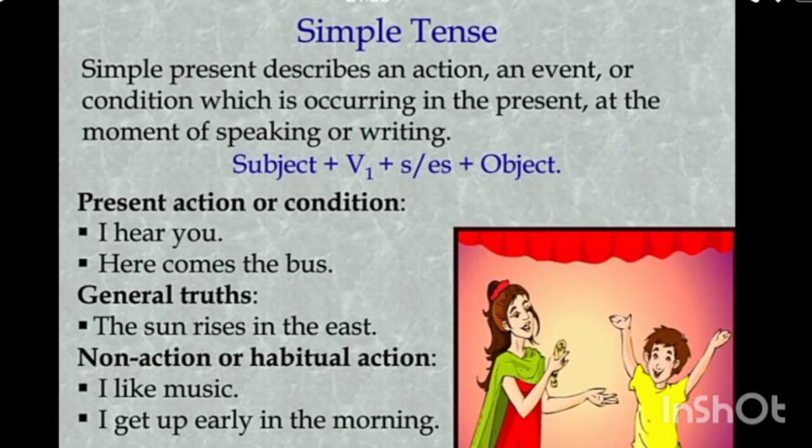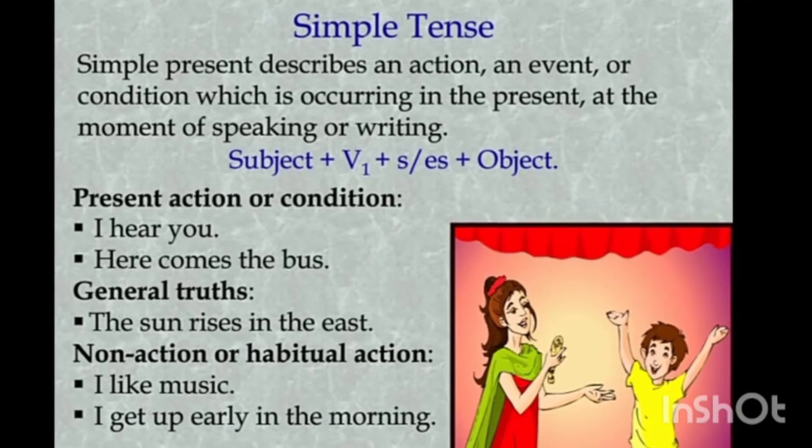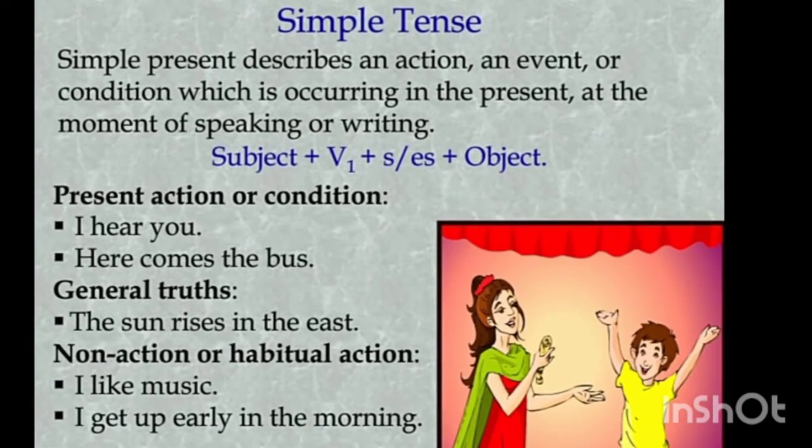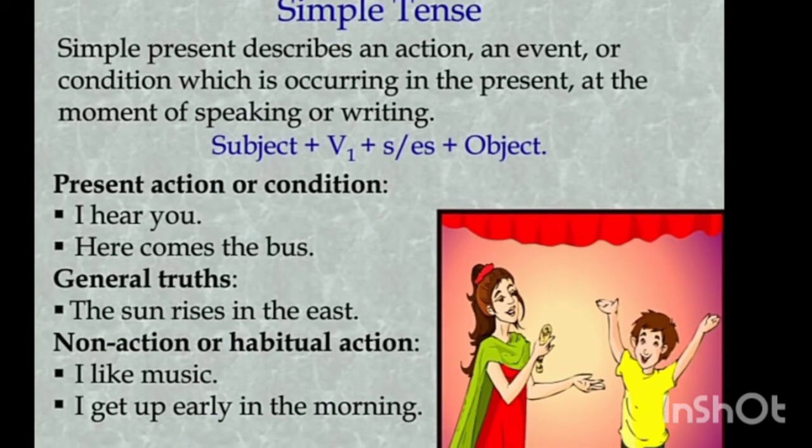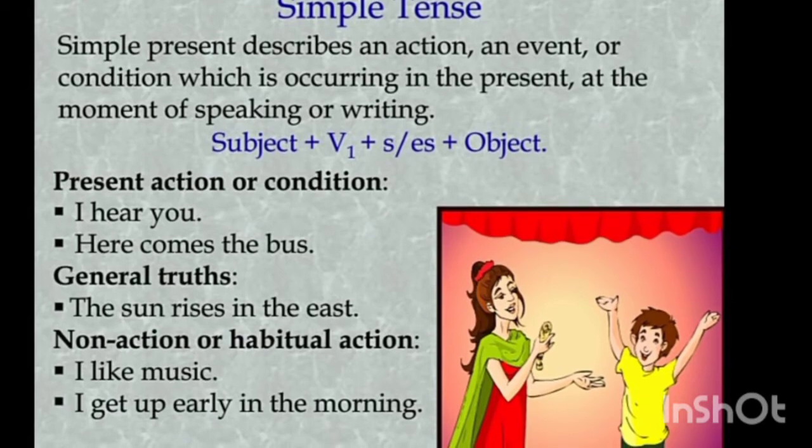If you notice here, in comes, the alphabet S is added to come to represent the bus, which comes under the category of third person singular, right? In case of a third person singular noun or pronoun, we are supposed to use S or ES.